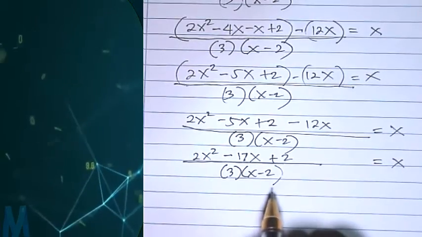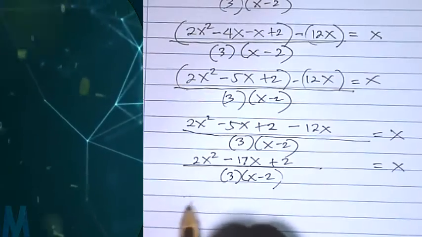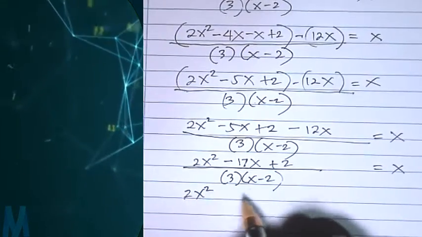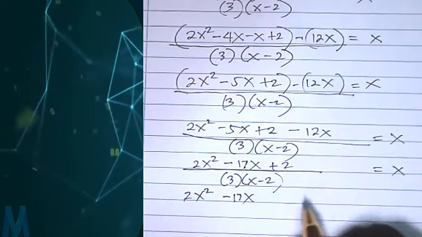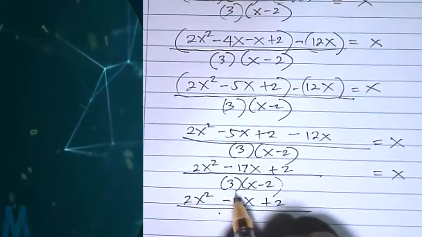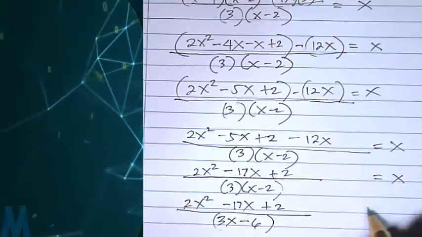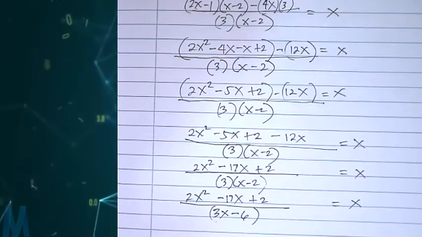Or pwede sa nato na naisumahon. So we have here 2x squared minus 17x plus 2 over, this is 3x minus 6 is equal to x.